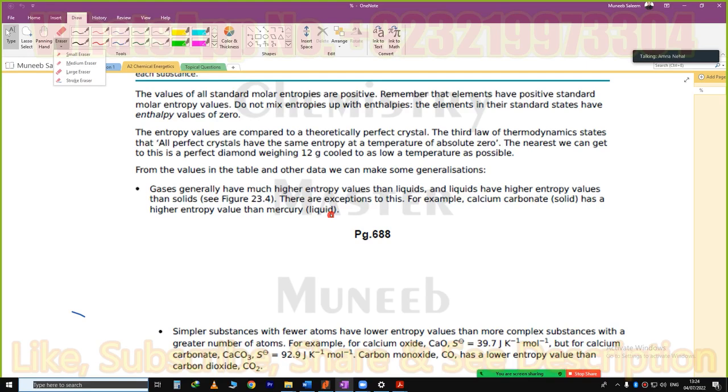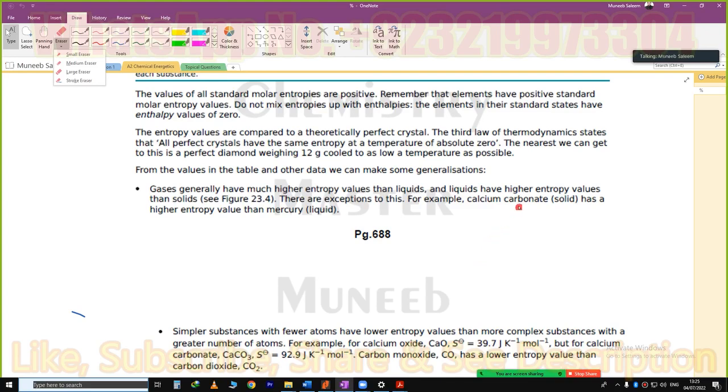Because of stronger intermolecular forces? Calcium carbonate, what type of forces exist in calcium carbonate? Would it be dipoles or equivalent?